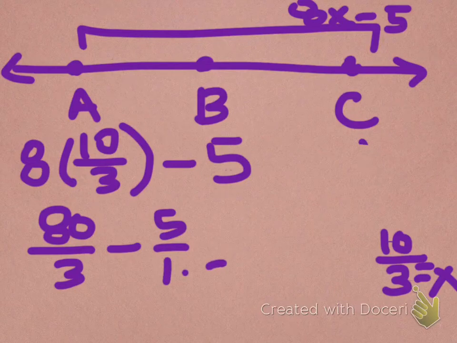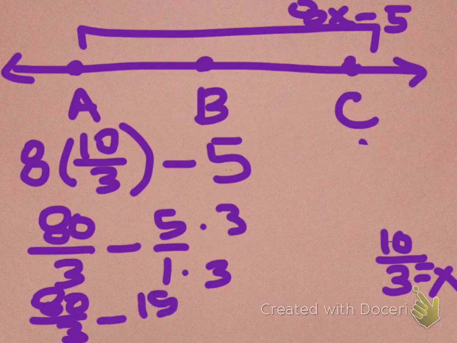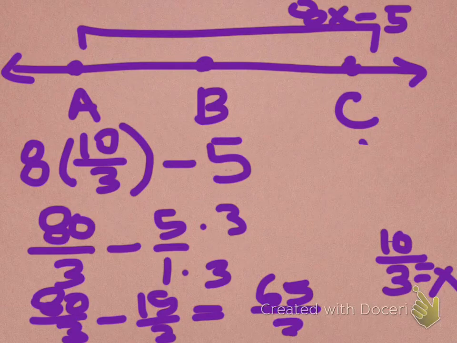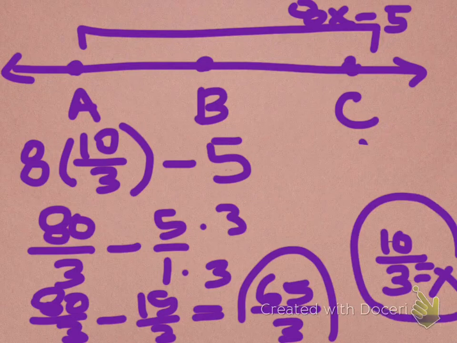We need a common denominator when working with fractions, so we have 80 over 3 minus 15 over 3, which gives me 65 over 3. And you can keep that as your answer as well. So x would be 10 over 3, and then AC would be 65 over 3.